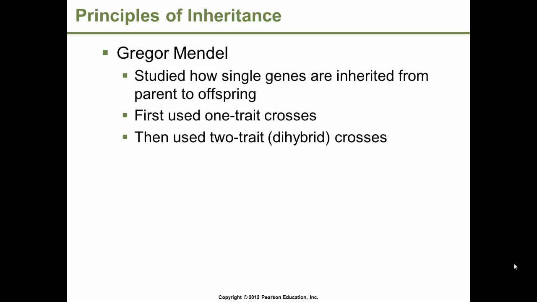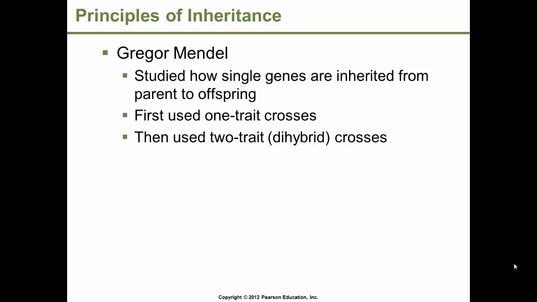Gregor Mendel is the individual credited with beginning the rules of inheritance. He studied single genes inherited from parent to offspring. He did this in peas, looking at different pod size, flower color, and so on.